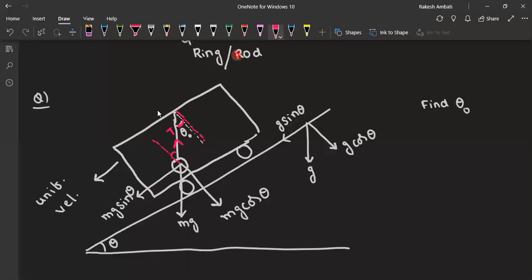Alternate angles, theta naught. So what about this component, T cos theta naught or T sin theta naught? T cos theta naught. And this one is T sin theta naught. Okay, exactly opposite. Now this component is T sin theta naught.